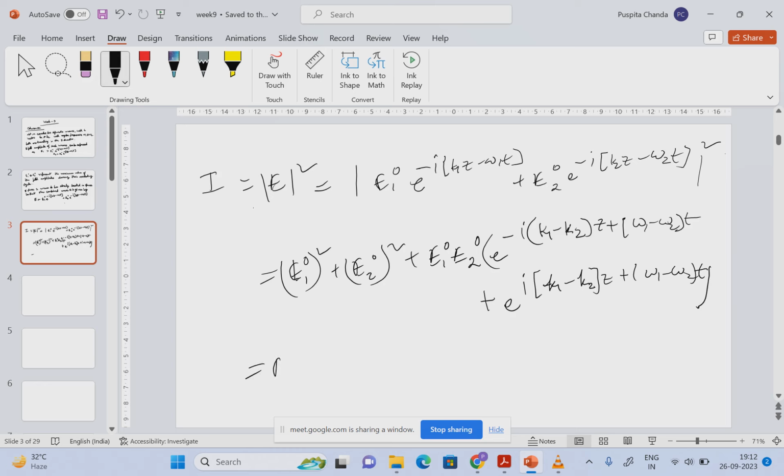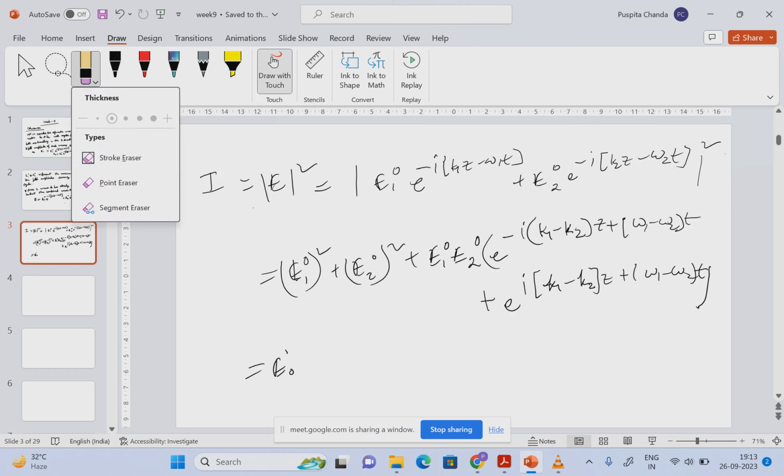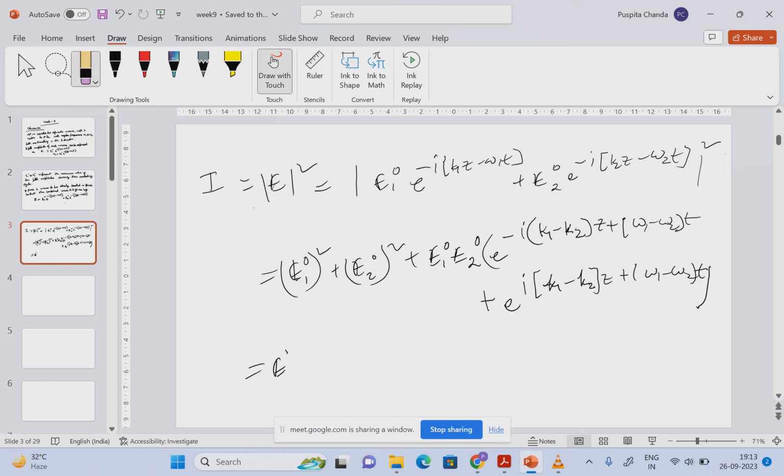So this is equal to E1 naught whole square plus E2 naught whole square plus 2 times E1 naught E2 naught cos theta.